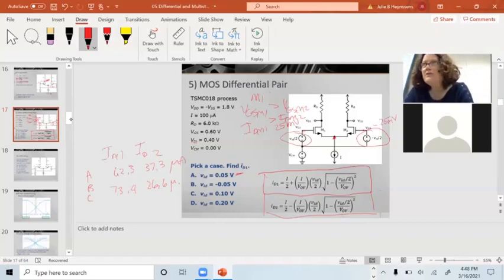If I go much bigger than putting 0.2 of a volt difference across there, all the current's going to be on one side, none of the current's going to be on the other. One of the transistors goes out of saturation, which puts my total circuit into saturation, and it's going to hit the power supply rails. I will be back. I'm sorry, I got excited.